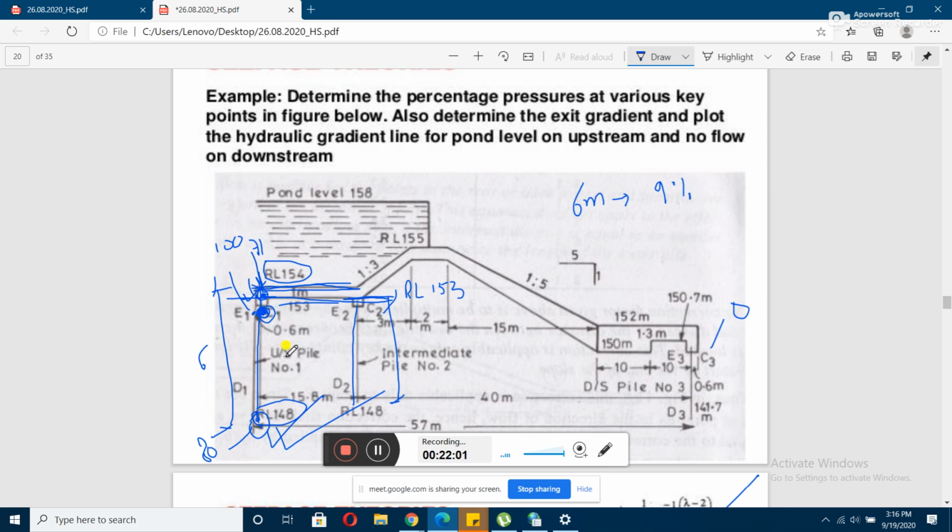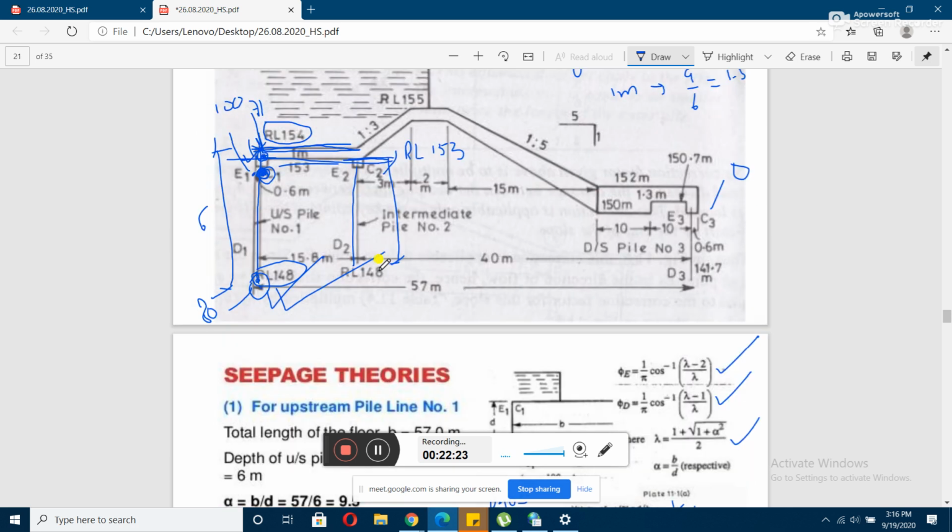So what will be the change for 1 meter? 1 meter will be given by 9 by 6, which turns out to be 1.5, right? So 1.5 we have to add on to your 71 value.